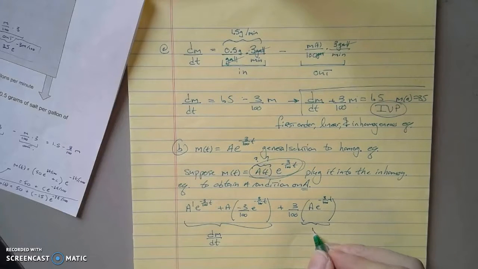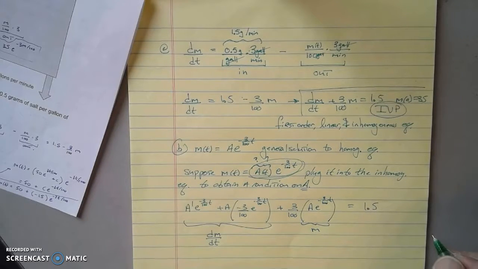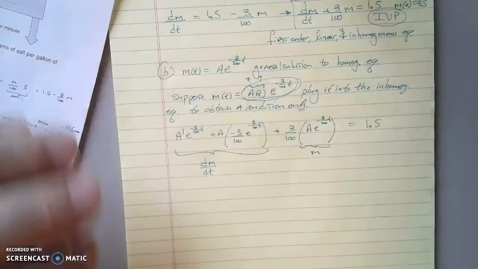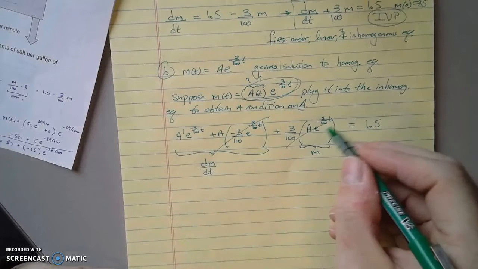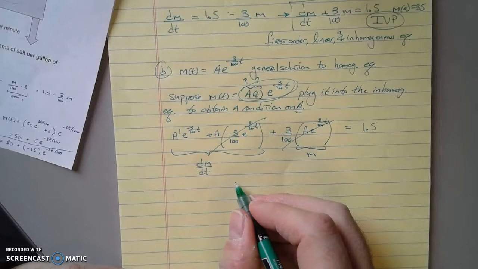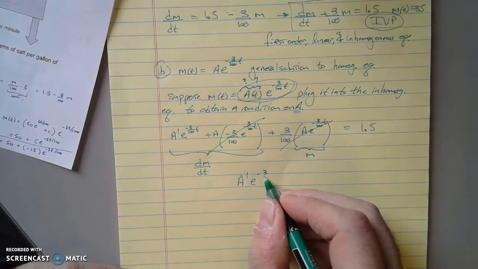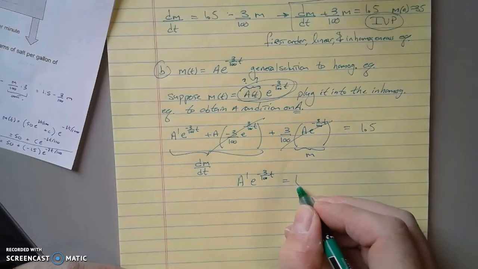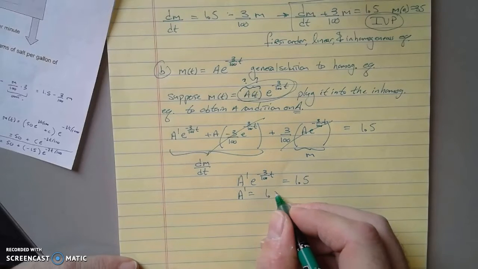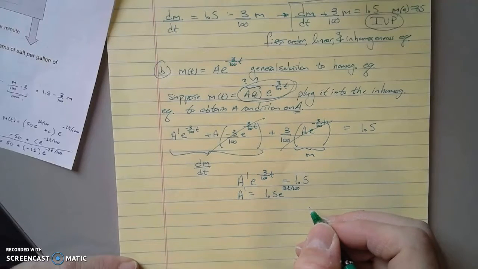This equals 1.5. And now there should always be some canceling. So these two terms cancel, and this leaves us with A prime e to the minus 3 over 100 t equals 1.5, or A prime equals 1.5 e to the positive 3t over 100.